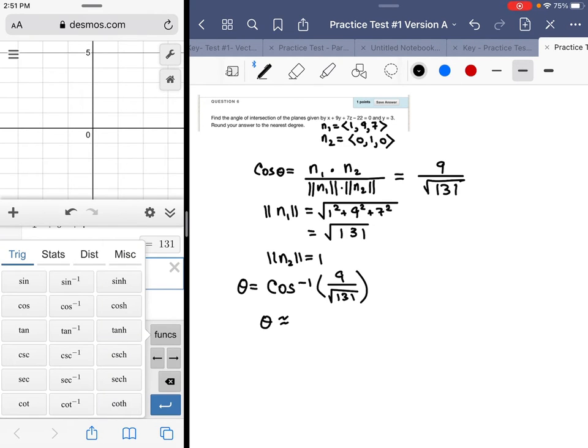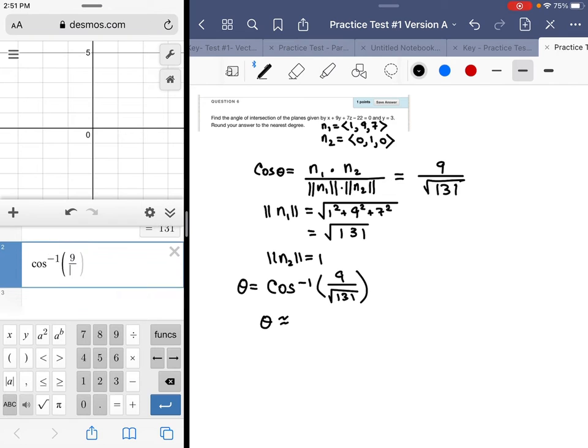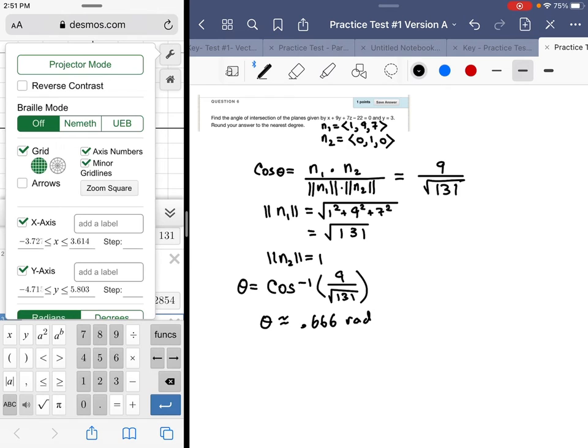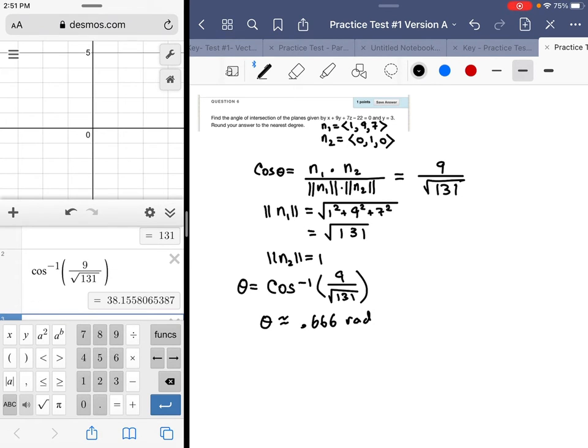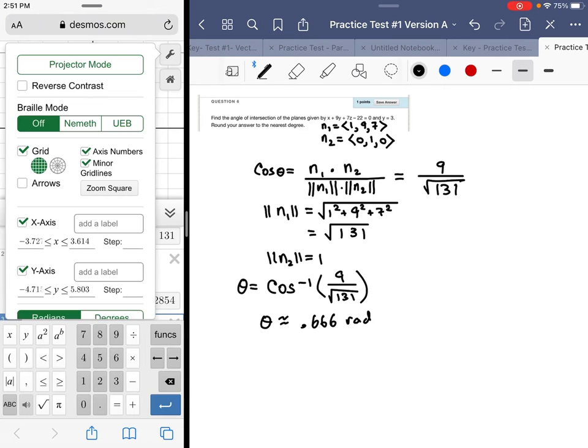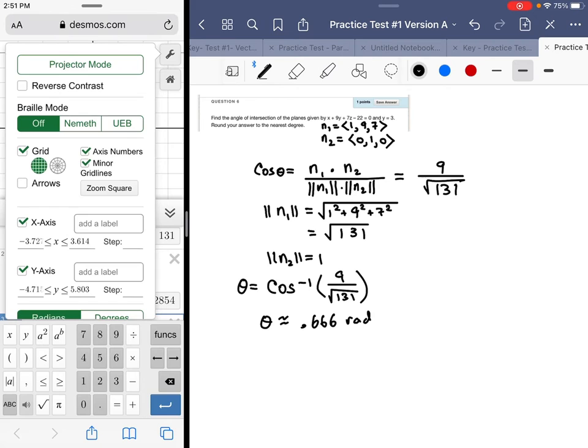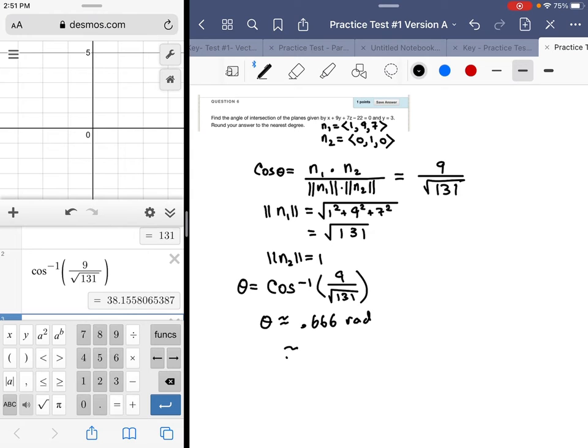The angle would be about 0.666 radians. If you're interested in what that looks like in degree form, just kick it over into degree mode. You see it's about 38 degrees. Oh, it did say nearest degree, so that's a requirement of the problem. Approximately to the nearest degree, 38 degrees.